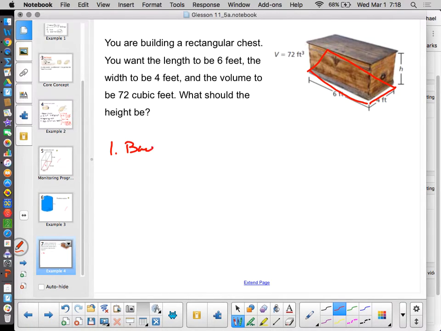So we still have our steps. The base is a rectangle. The base area is length times width, 6 times 4, equals 24 feet squared. The height is unknown.